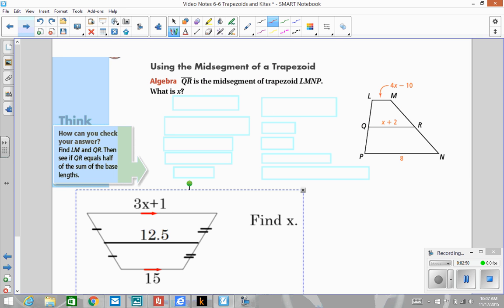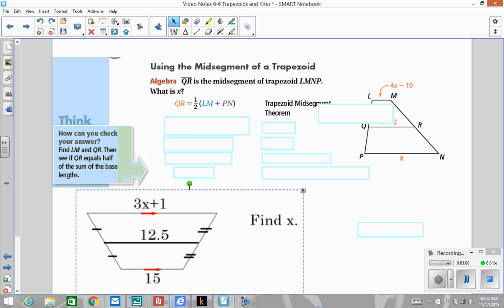Okay, and so here we have a trapezoid. It says QR is a mid-segment, and we know that the mid-segment is equal to 1/2 the sum of the bases. Remember, it's an average, so QR is equal to 1/2 times the sum of the bases. When we substitute our information in here, we can simplify.